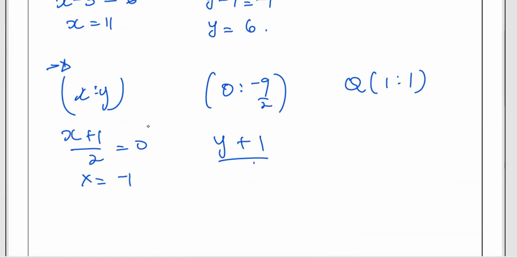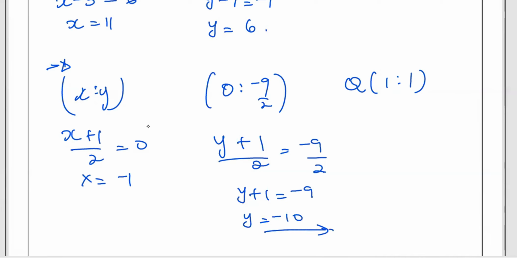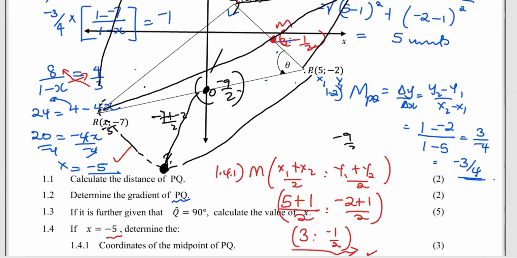Then (y plus 1) over 2 must give us -9 over 2. Cross the 2s out: y plus 1 is -9. When we move the 1 to that side, y becomes -10. So chances are high that T can also be (-1, -10).